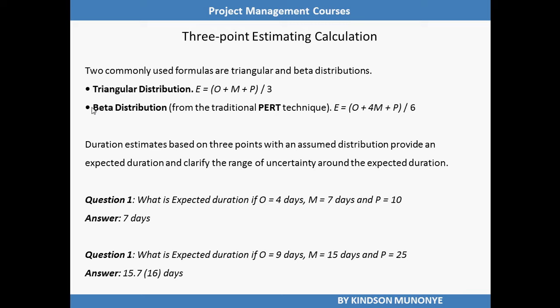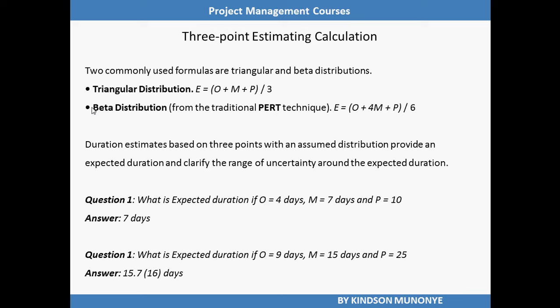So it appears that the beta distribution is more accurate because we give more weight to the most likely estimate. Duration estimates based on 3 points with an assumed distribution provide an expected duration and clarify the range of uncertainty around the expected duration.